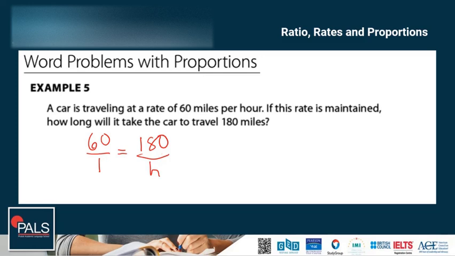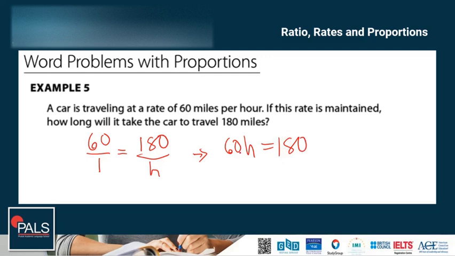Both numerators are in miles and both denominators are in hours. In proportions like this one, the numerators and denominators must each be in the same units. So let's cross multiply. We have 60h is equal to 180.